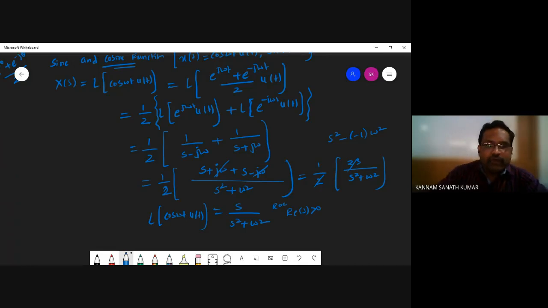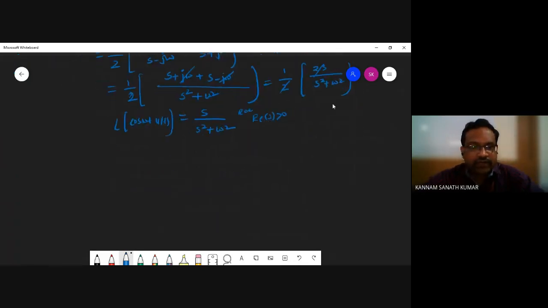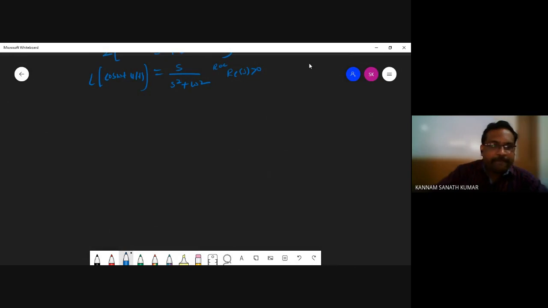Similarly, if you apply the Laplace transform to cos omega t u of t, what you got is s by s square plus omega square, and the ROC is the real part of s is greater than 0. This is the Laplace transform for cos omega t.